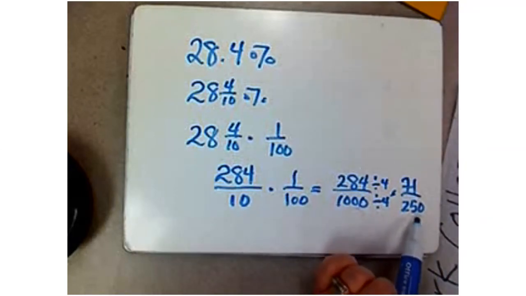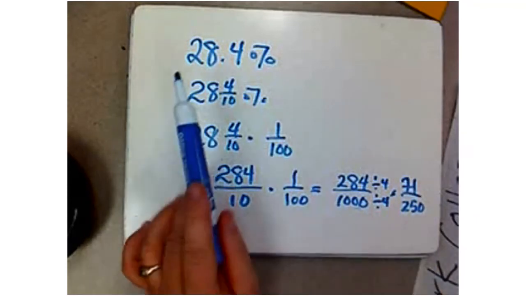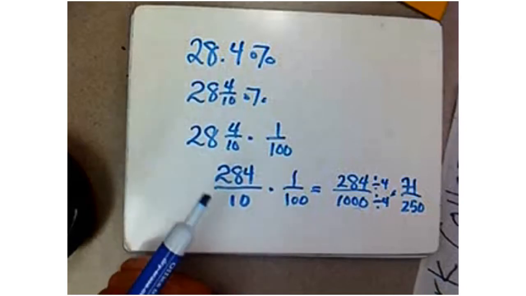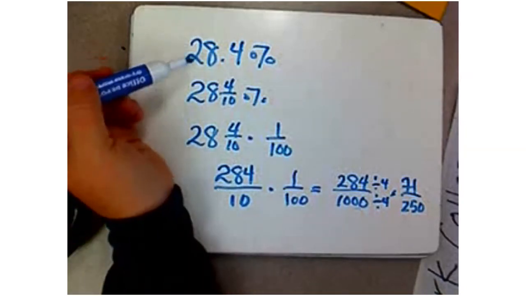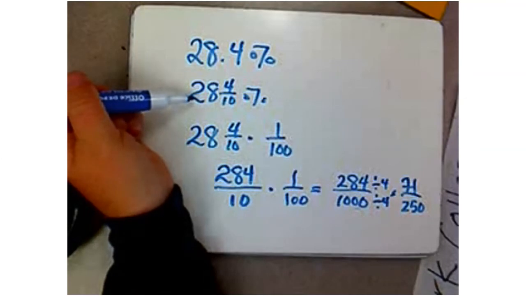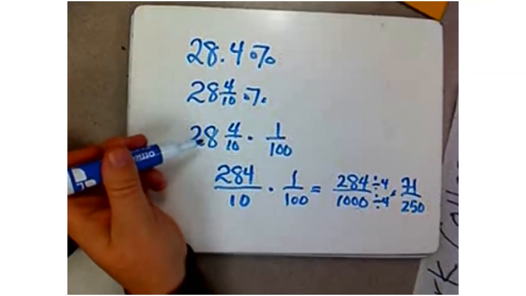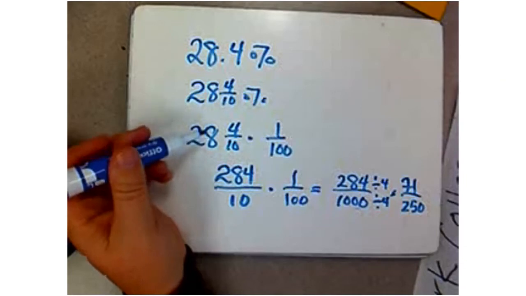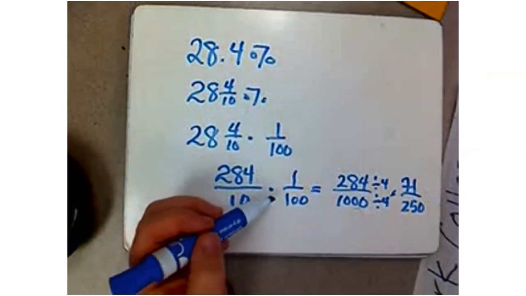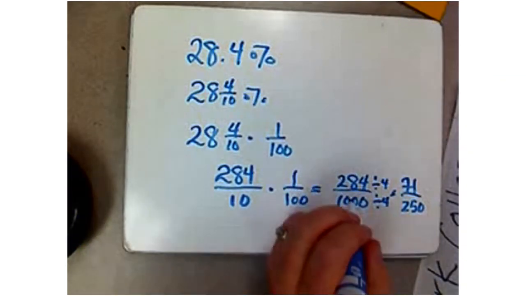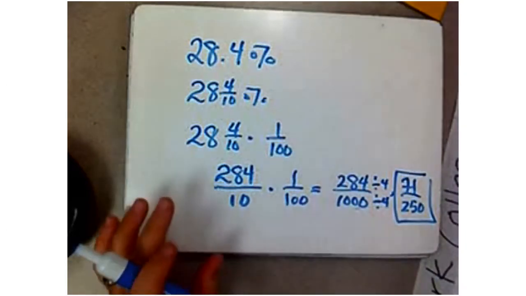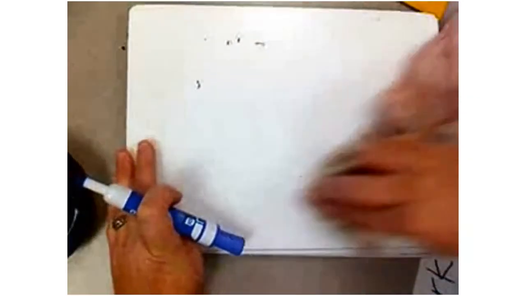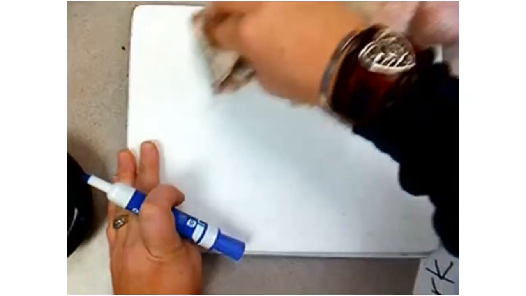So if you took a 250 question test and got 71 right, you would score a 28 4/10% score. So take your decimal, change it to a mixed number, change that to an improper fraction, and then multiply by the fraction equivalent of 1/100th, and then simplify to get the final answer. All right. So that's changing percents to fractions using the fraction equivalent of 1/100th.